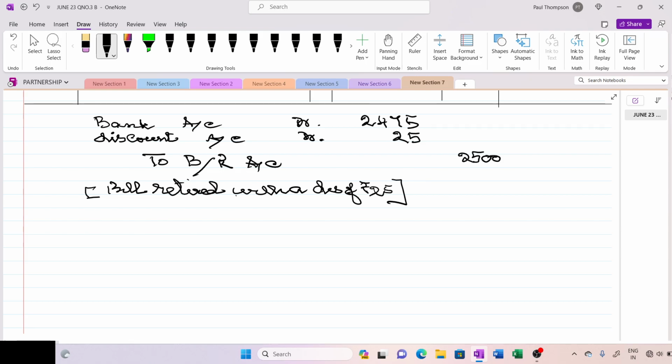So what I do, I just nullify both those things by giving that BR to Prem. So when I give the BR which was accepted by Ashok, I'll be debiting my bills payable account and that BR will go from me to Prem.